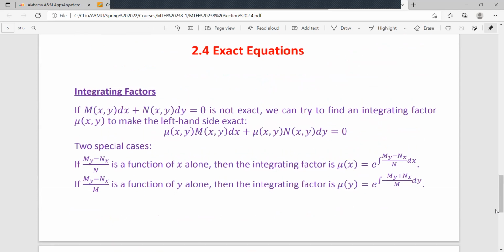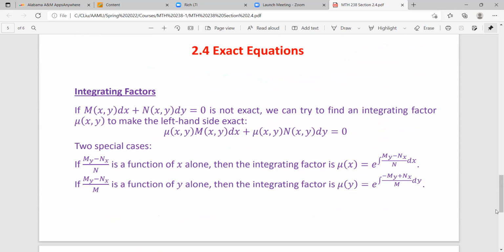The next thing is called integrating factors. So we just talked about exact equations, how to solve exact differential equations by using the procedure we discussed. But there are a lot of problems which are not exact.